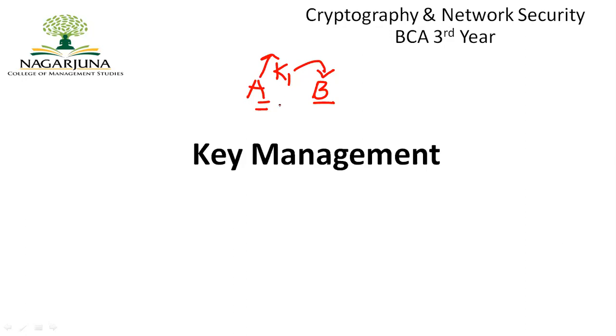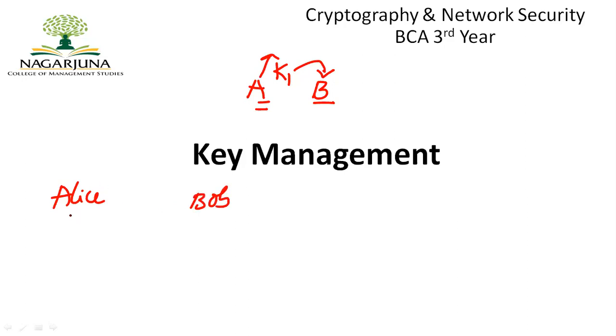Then an asymmetric key is where two different users use two different keys at both ends for performing the encryption and decryption operations. Such a key management system is what we call asymmetric key cryptography. Say we again have Alice and Bob at two different ends.